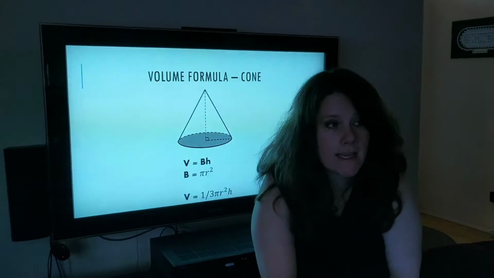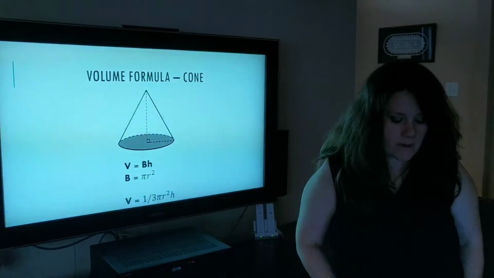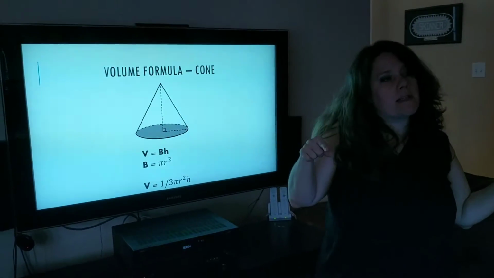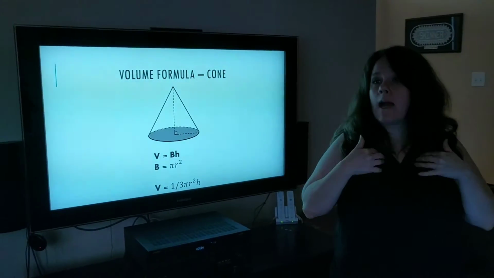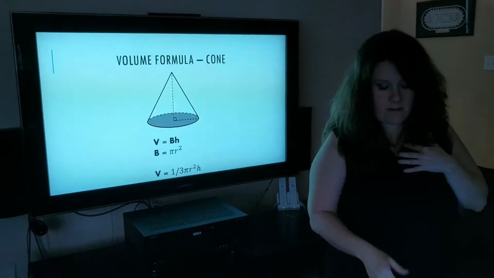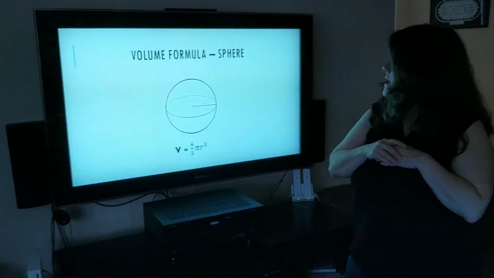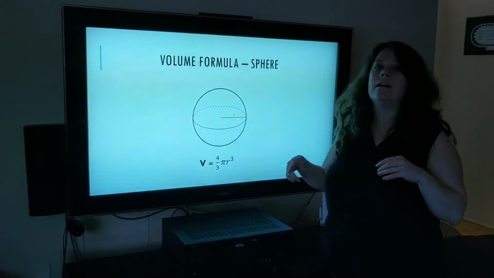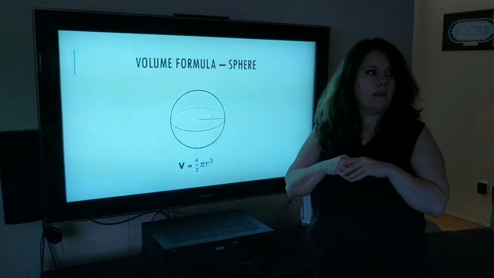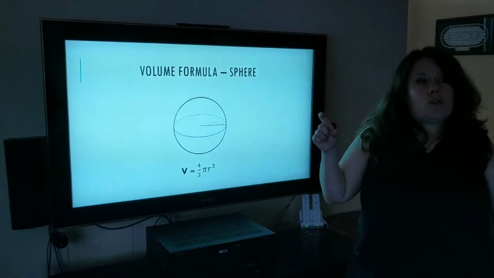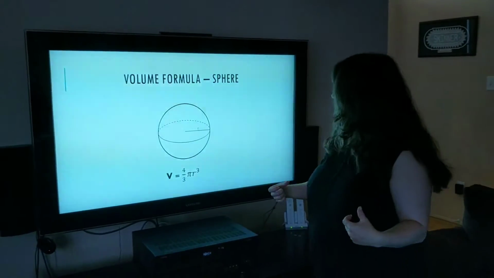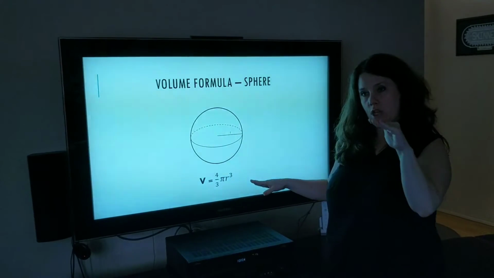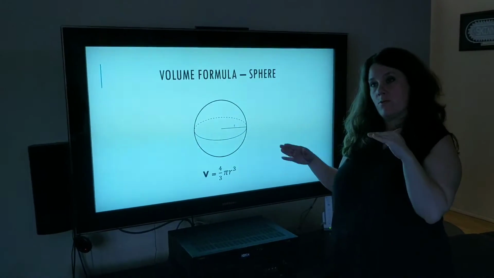We're going to take that idea and we're going to go one more level with it with the sphere. This time, instead of you predicting what the formula is for the sphere, I'm going to give you the formula for the sphere. Okay? It is 4/3 times pi times r cubed. Now you tell me, if we compare those formulas, the formula for the cone was 1/3 is where it started.